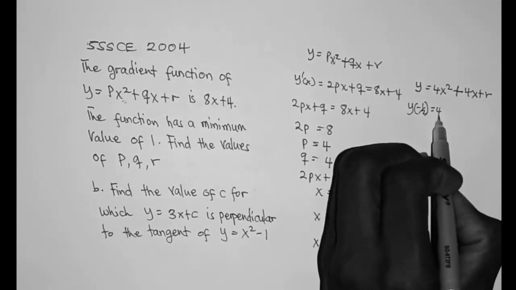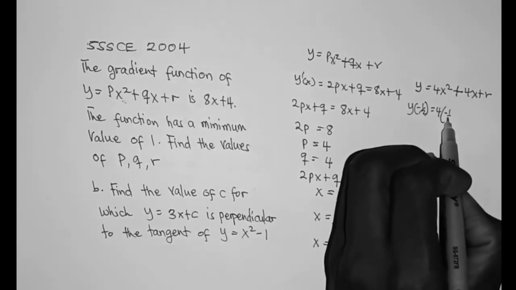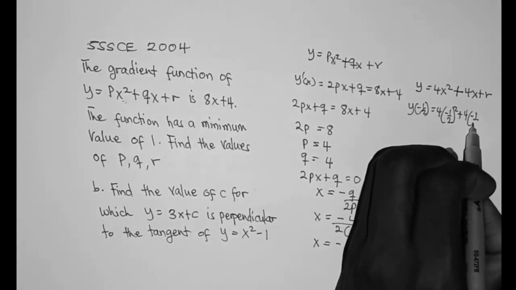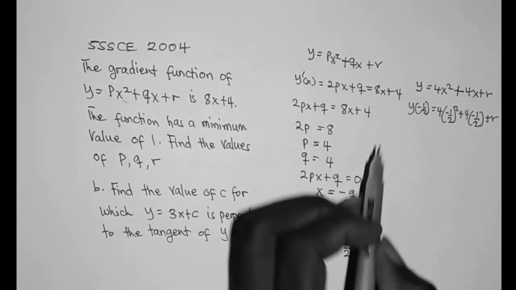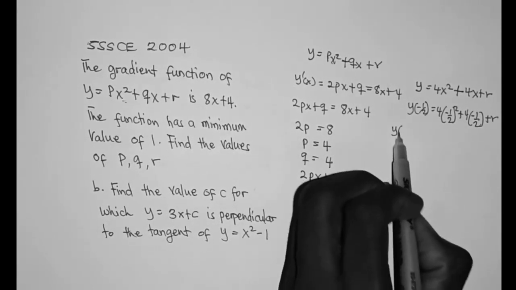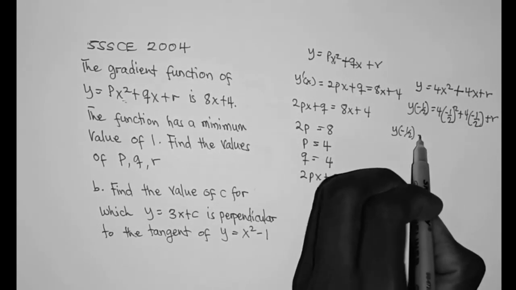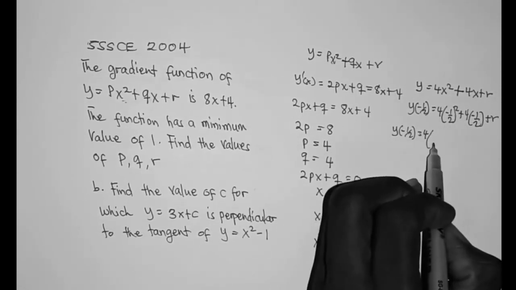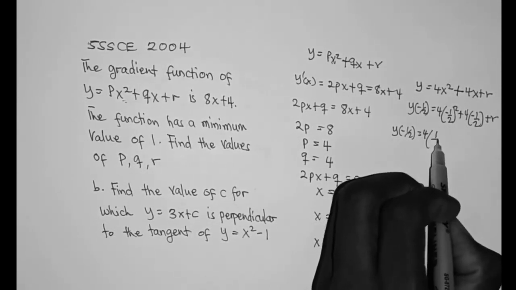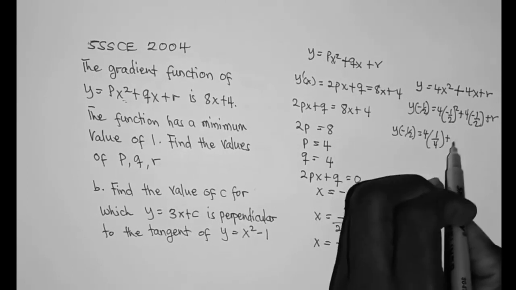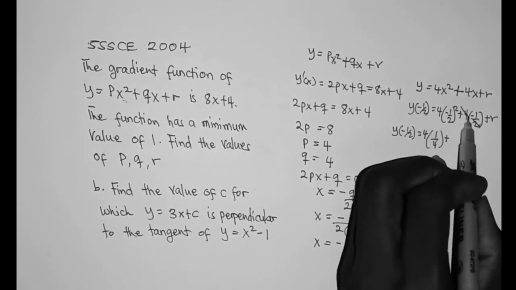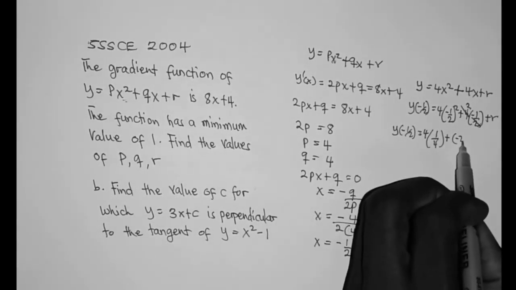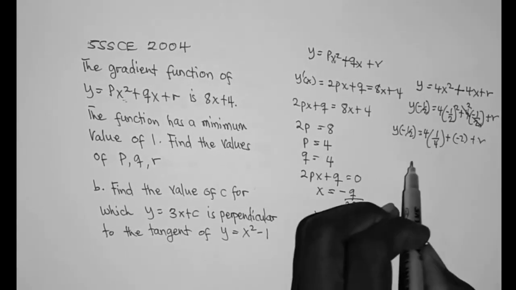This is equal to 4 times minus 1 over 2 squared plus 4 times minus 1 over 2 plus r. So y of minus 1 over 2 equals 4 times minus 1 over 2 squared, which is 1 over 4, plus this and this will cancel. So we'll be left with minus 2 plus r.